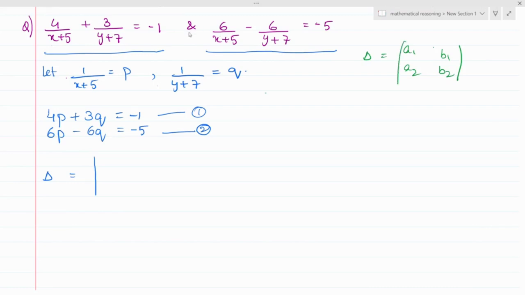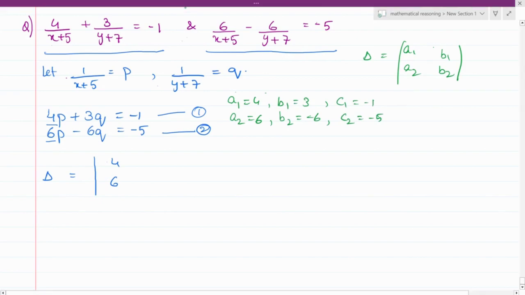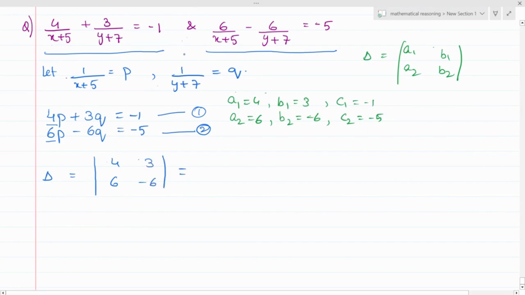According to these equations, a1 is 4, a2 is 6, b1 is 3, b2 is -6, c1 is -1 and c2 is -5. So just substitute the values over here. When you calculate the determinant, -24 - 18, you'll get -42.